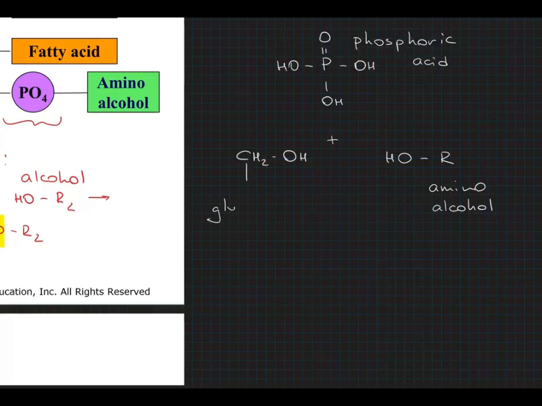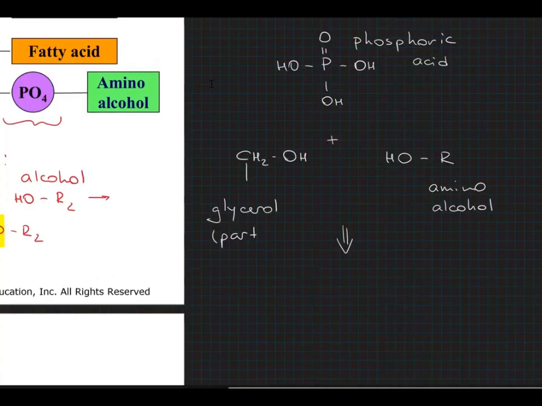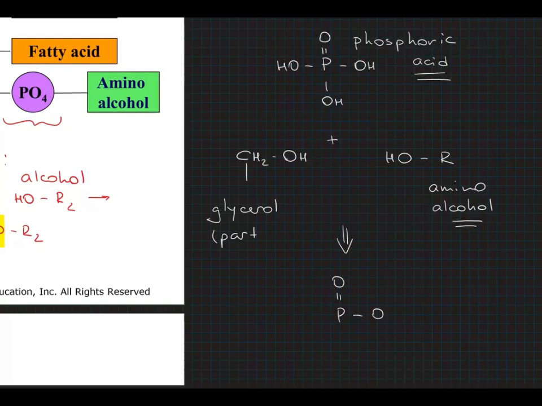And that is glycerol. So what you get out of this is something that looks like this. There is phosphorus. Now, phosphoric acid plus alcohol gives you an ester bond.